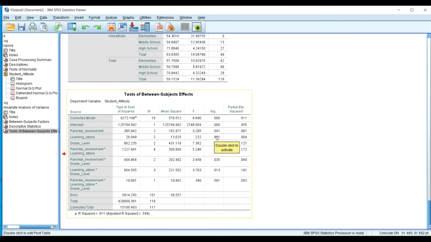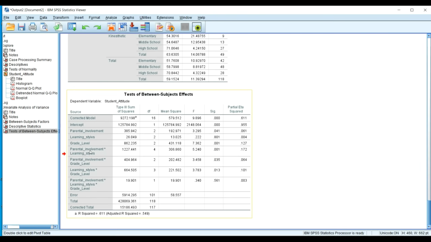So we do not have evidence that learning styles contribute to student attitude towards science. Grade level, this is 0.001, which is less than 0.05, confirming evidence that student grade level significantly influences their attitude towards science.